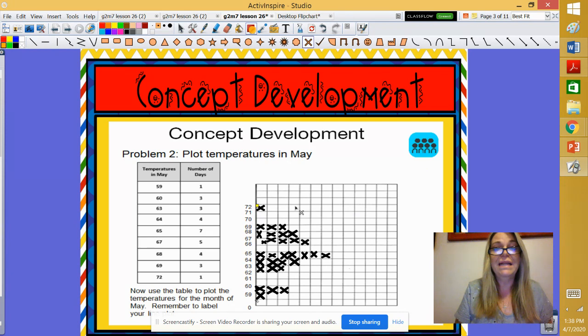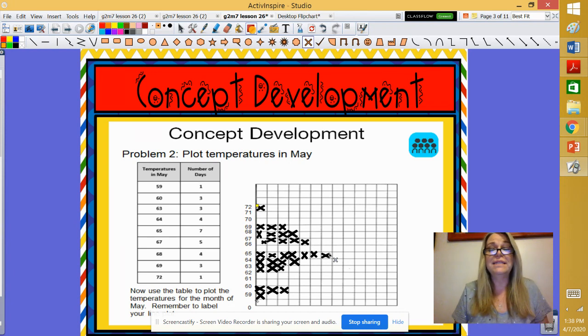That would indicate how many times that temperature appeared in the month of May. Look right here at 65. It's way out ahead of the rest. So we can say by looking at our chart that 65 degrees was the most common temperature in the month of May.